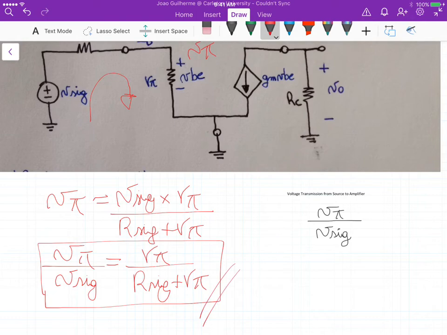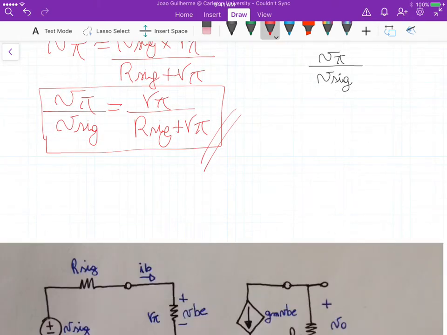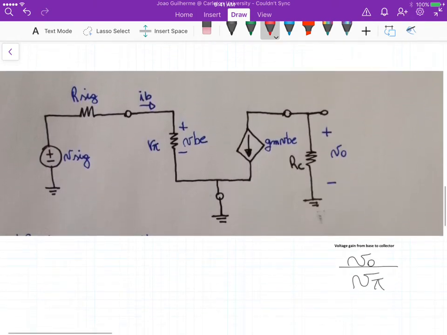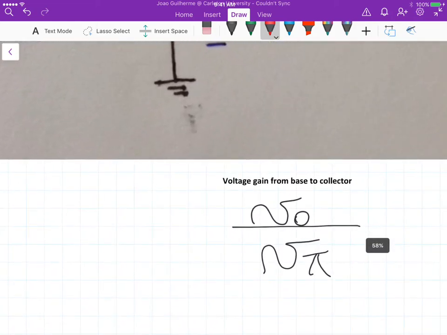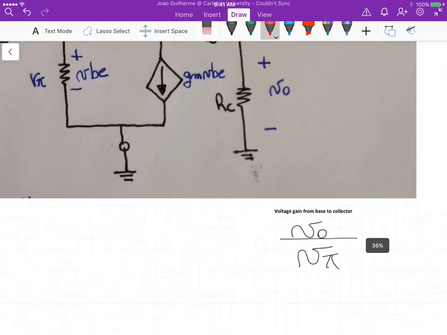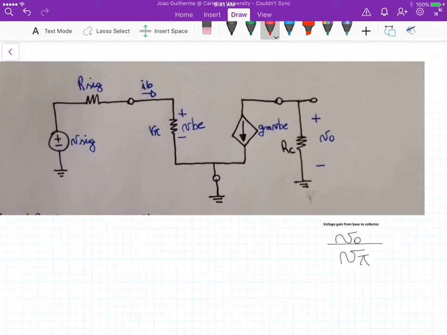Okay, our second result. For the third analysis, we need to define the voltage gain from base to collector, which is the output voltage over the pi voltage. So again, this is V pi, and for that we can apply a loop analysis, but now here in the collector.